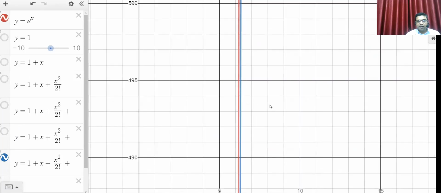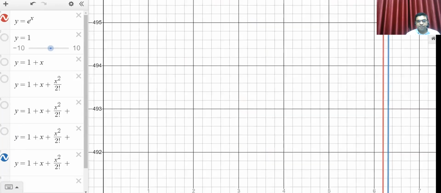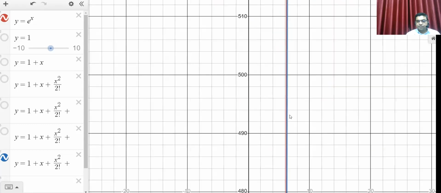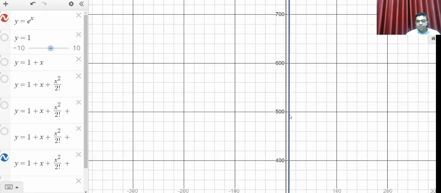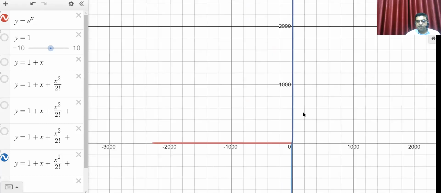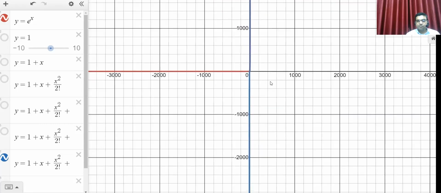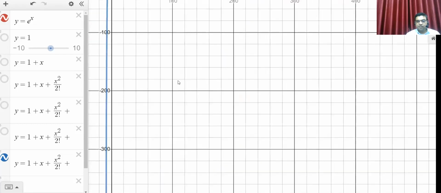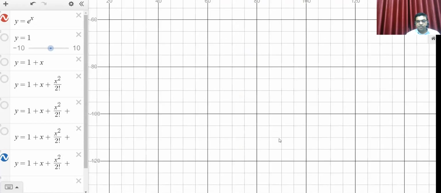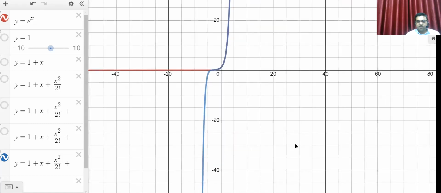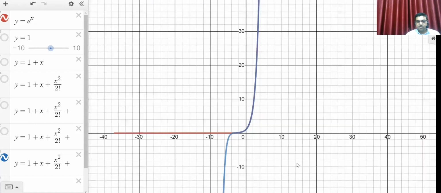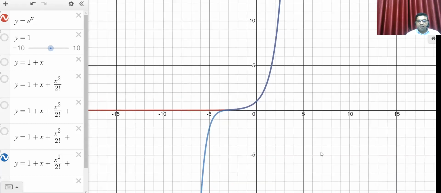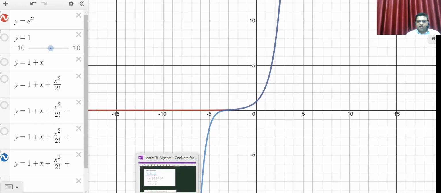Yeah, slight difference when you zoom in. Okay, but it's an overlap. Got an idea? So these are series expansions which are very, very useful.